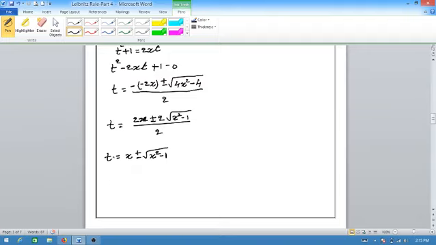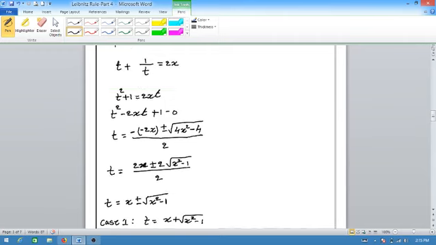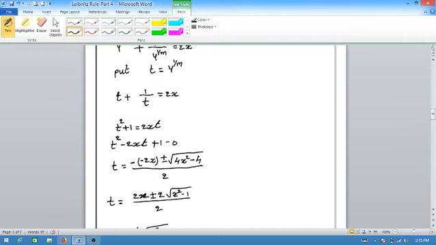Okay, so first I will consider t is equal to x plus root of x square minus 1. So consider case 1. So t is equal to x plus root of x square minus 1. Okay, so what is t? I have substituted t is y raised to 1 by m.